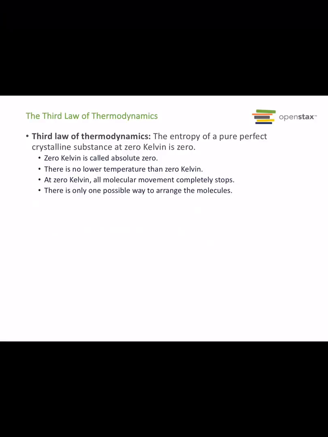The third law of thermodynamics deals with perfect crystals. So the entropy of a pure, perfect crystalline substance at 0 Kelvin, again, remember to convert your temperature into Kelvin, is 0.